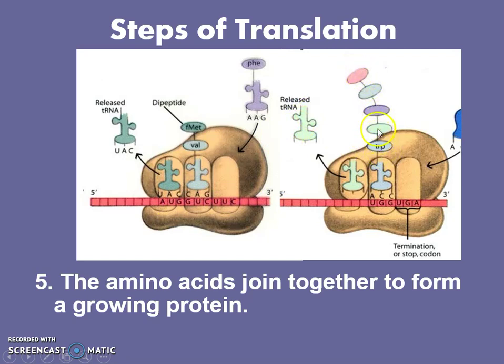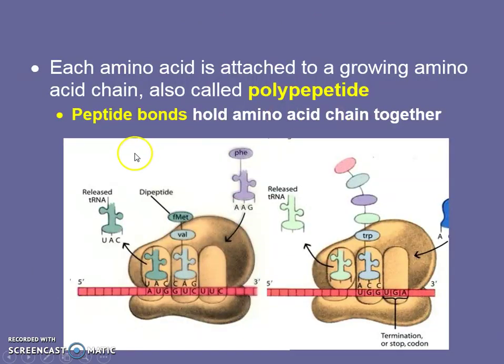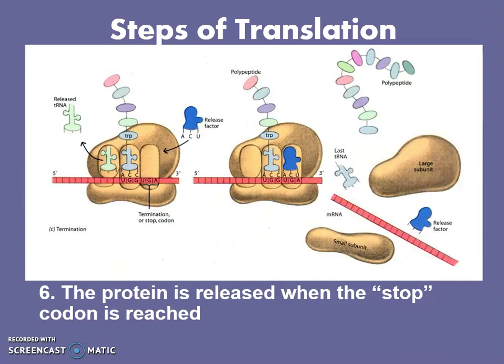Remember, amino acids, we decided, bind together to form a protein. We even decided last set of notes that the bonds between amino acids are called peptide bonds. And so we're going to call a chain of those peptide-bonded amino acids a polypeptide. That's another word or a synonym for proteins.